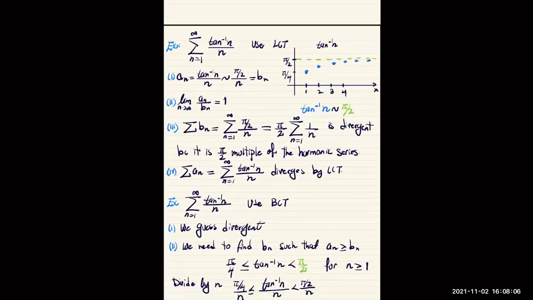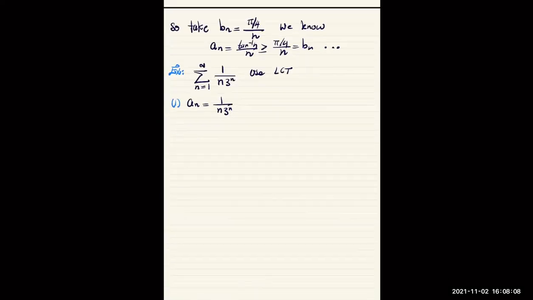our sequence here, 1 over n, 3 to the n, is none of those. On the numerator, we have a single term. In the denominator, we have a single term. So I really cannot find a sequence that is asymptotically the same as this. I really can't.